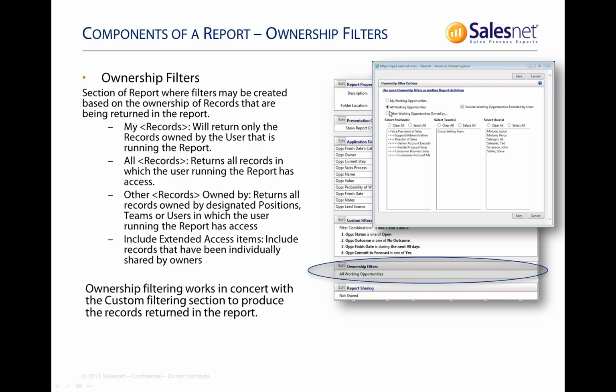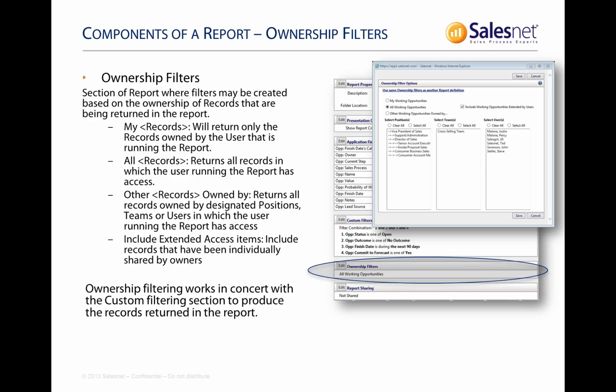I can build a report that looks across all opportunities. That means whoever runs that report, whatever user I've shared it to, is going to see all opportunities that they have access to. As an application administrator, you have access to all data in the database. Let's say that results in 10,000 account records.